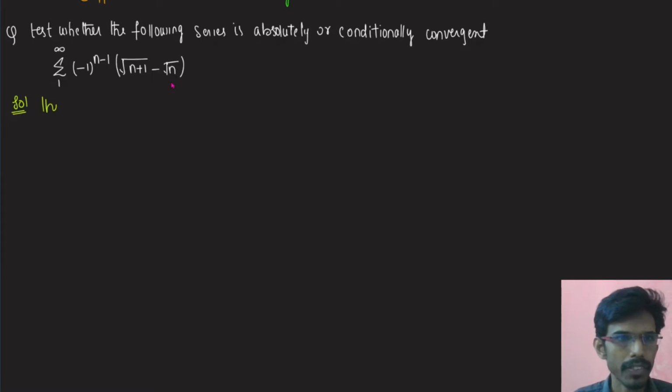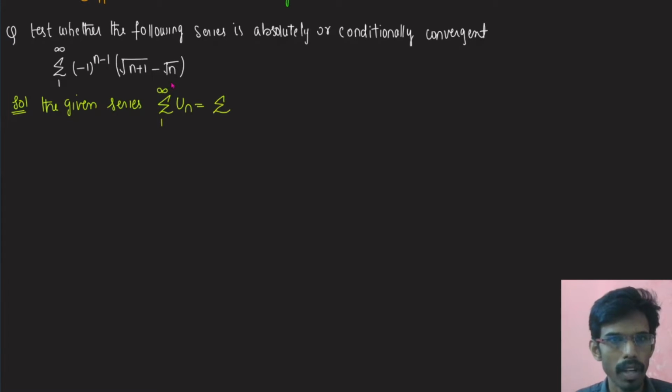Now the given series, let us take it as sigma 1 to infinity un is equal to sigma 1 to infinity (-1) to the power n minus 1, root n plus 1 minus root n.